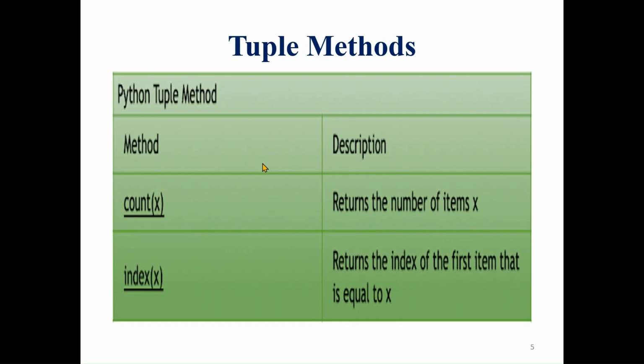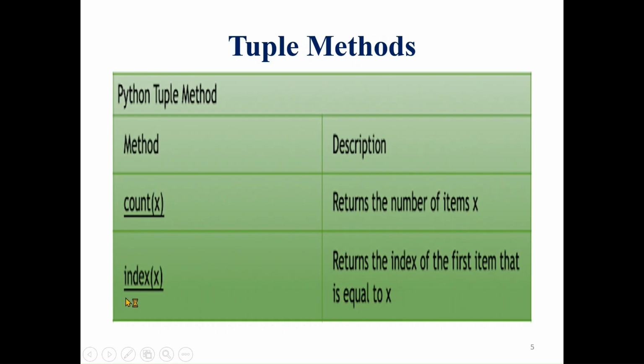Whatever x value I give, say 5, it counts how many times that particular number or string is available in the tuple. Since 5 is repeated 3 times, it will give the answer as 3.